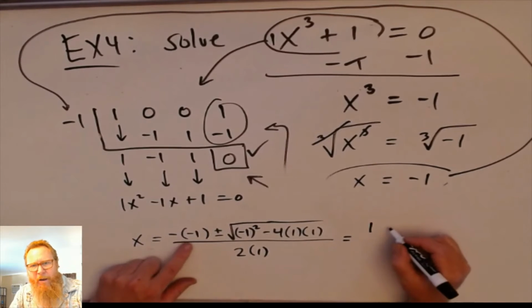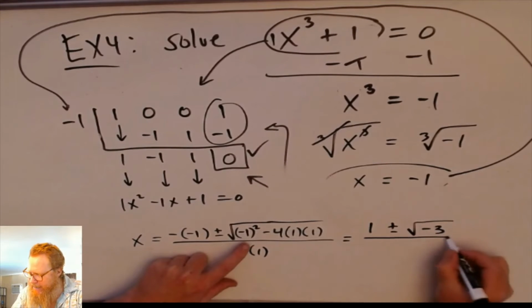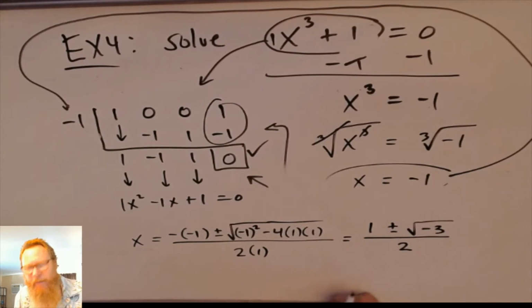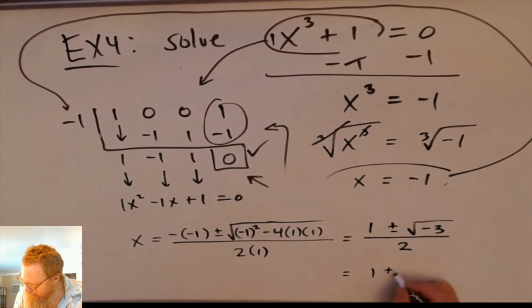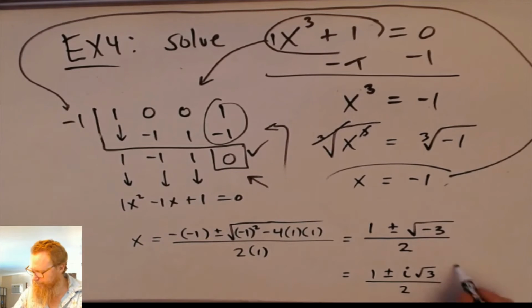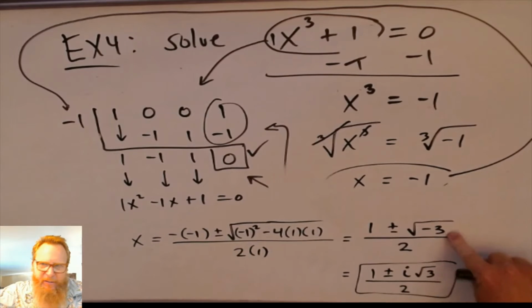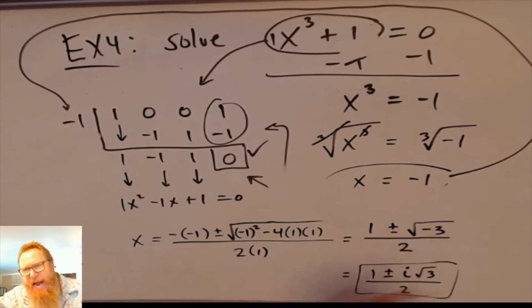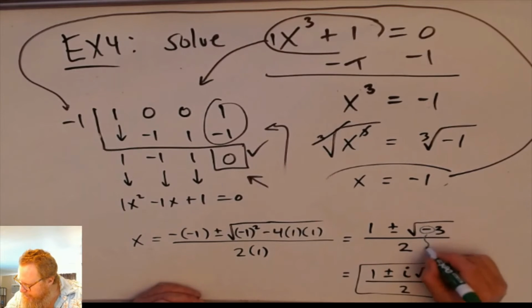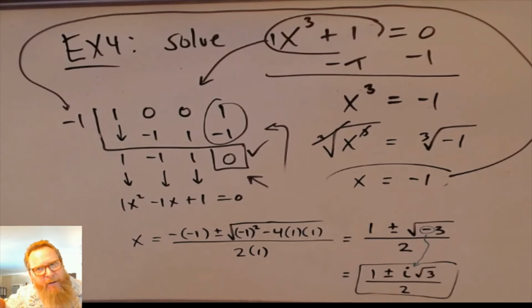So that's negative 1 plus or minus the square root of negative 3 over 2, which is negative 1 plus or minus i square root 3 over 2. Unfortunately, 3 is not perfect, so it's stuck inside, but the negative can come out. Just treat the negative as if it were a negative 1, and when you take a negative 1 outside of the radical, it becomes i.